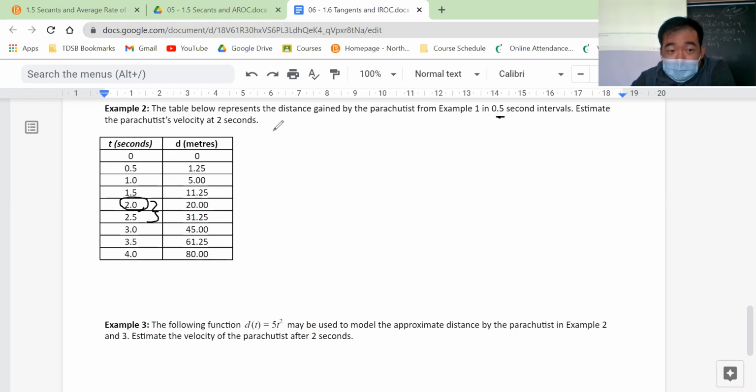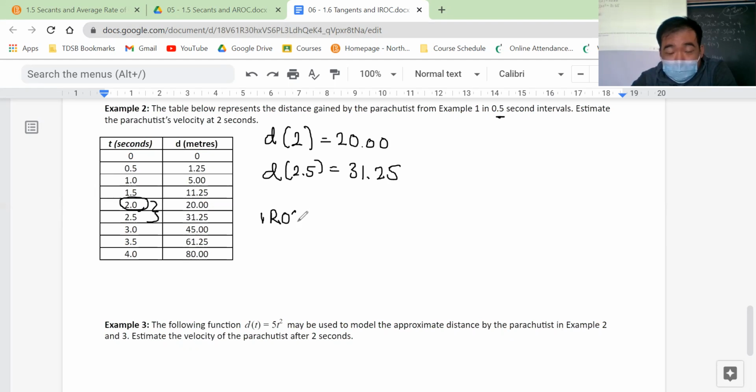So let's use the variables here. The distance at 2 seconds is going to be 20.00. The distance at 2.5 seconds, the next closest point, is going to be 31.25.